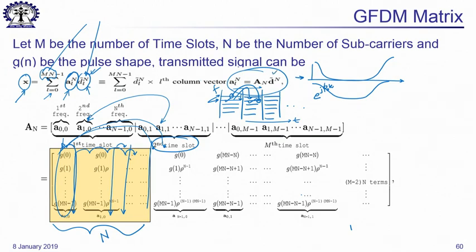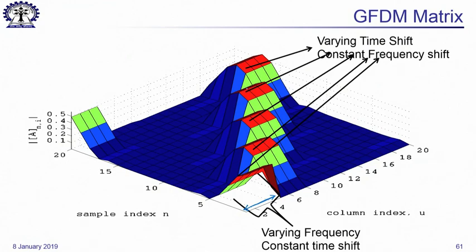This is a vector and this is a matrix of size Mn cross Mn, and hence you can create this entire operation. What you see is that the first few columns have the same time domain pulse, but each of them is a frequency shifted version, that is, varying frequency but constant time shift.